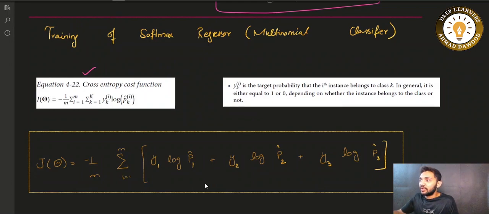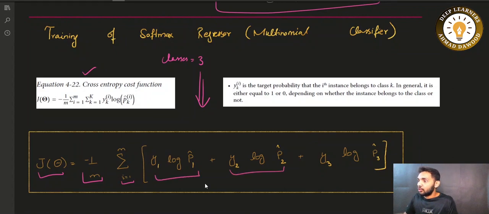Let's say you are using a multi-class classification problem in which there are three classes, according to our species problem. You will have a cost function like this: J of theta, minus 1 over m, where m is the number of samples, and then you have to sum all the costs against each sample, and you will have y1 log p1 plus y2 log p2 plus y3 log p3.